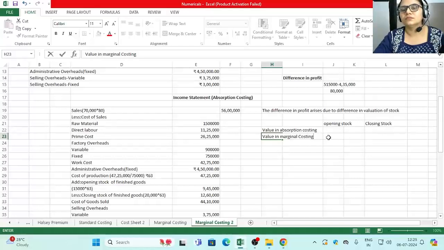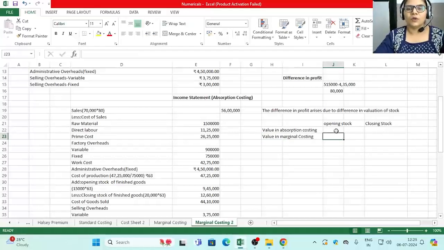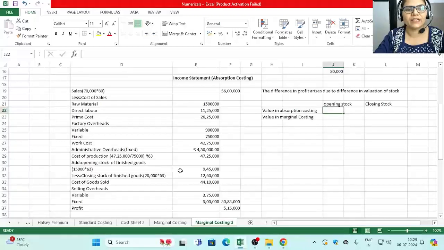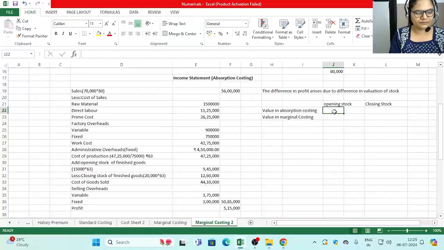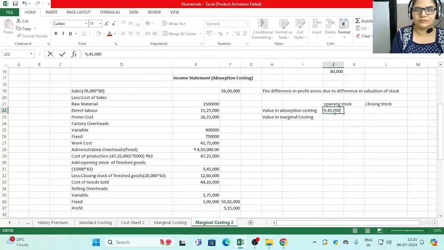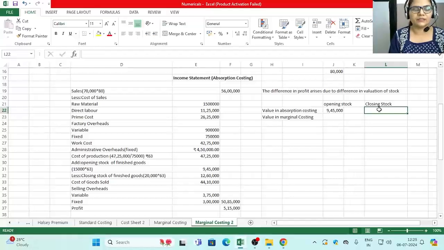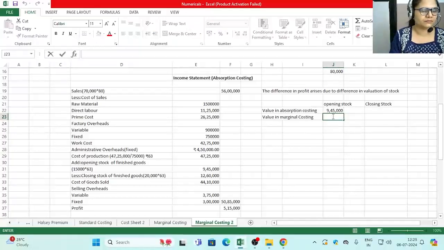Opening stock value in absorption costing we have calculated as 9,45,000. And in case of marginal costing, it was 7,05,000.